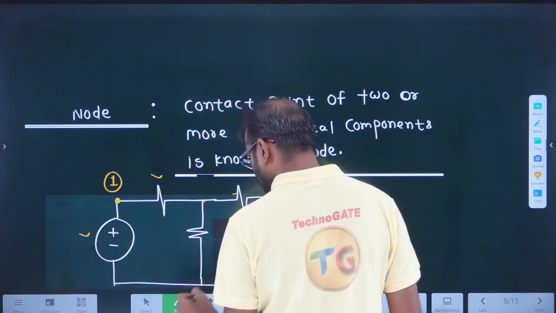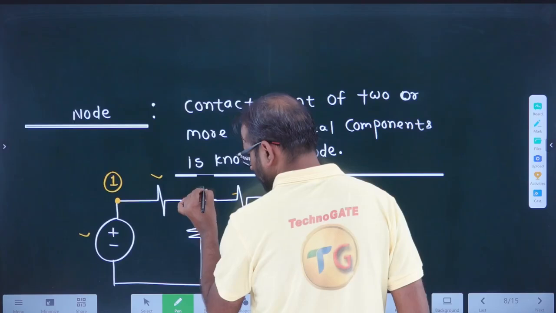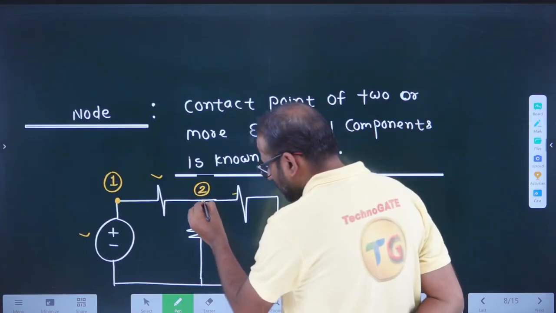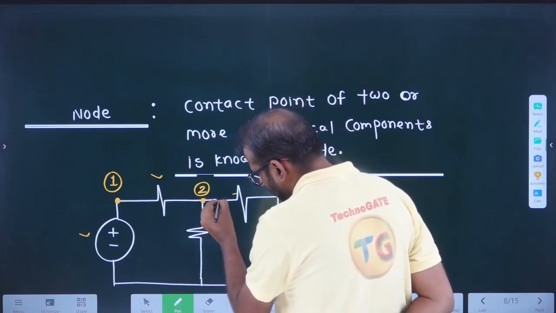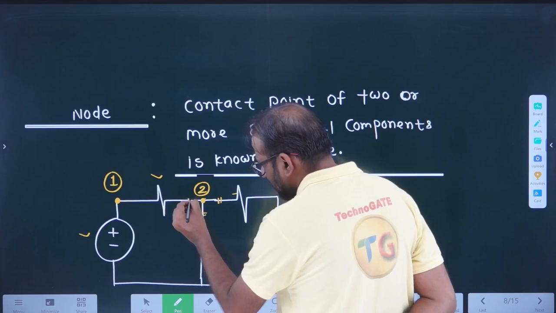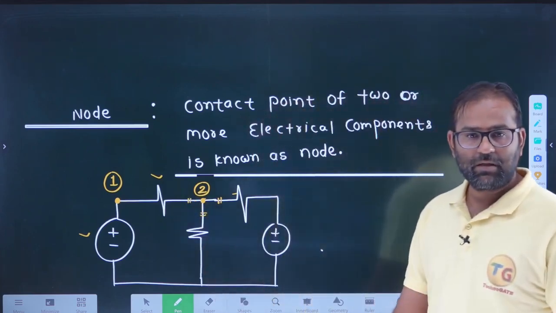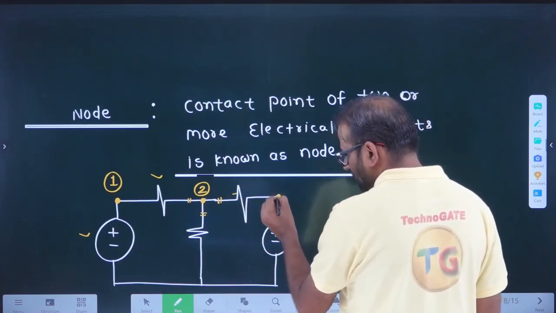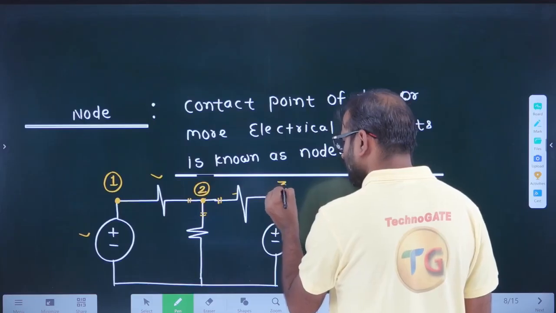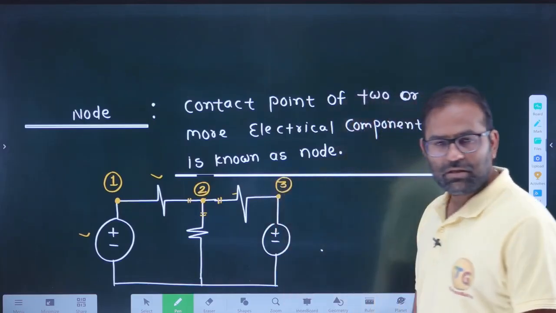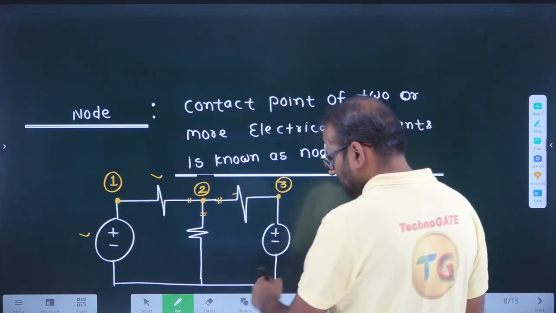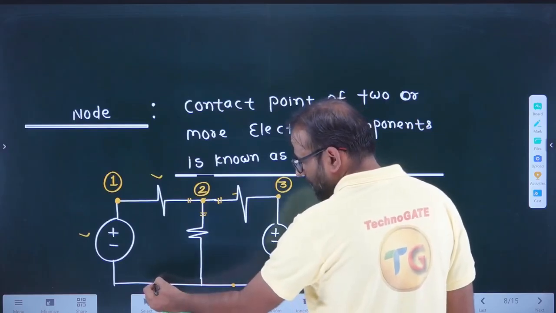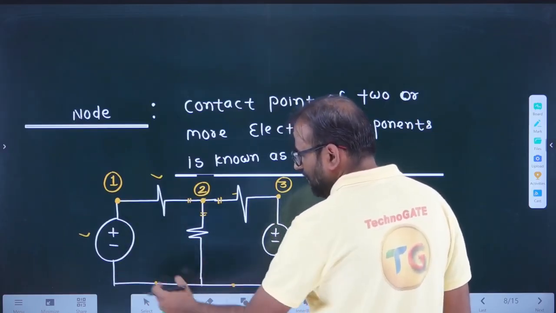Because this is also the contact point of this branch and this branch. Correct? What is next? The contact point of these two is known as node, so this is node number 3. The contact point of these two components is node number 4, and the contact point of these two components is node number 5.